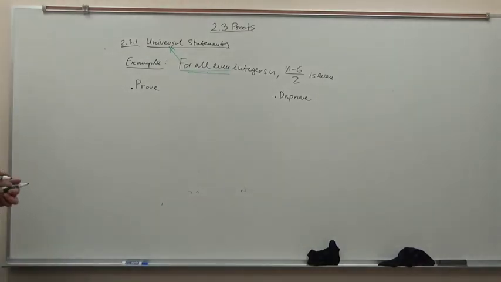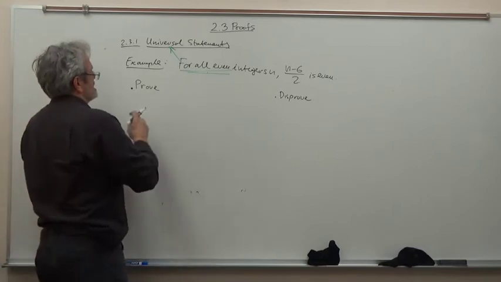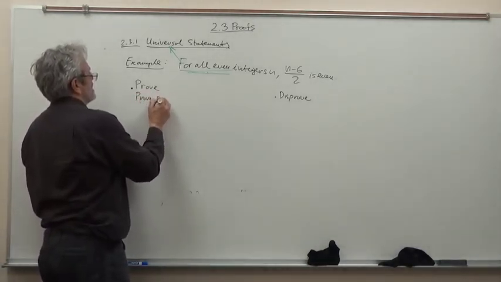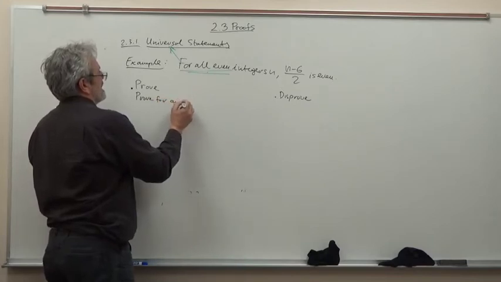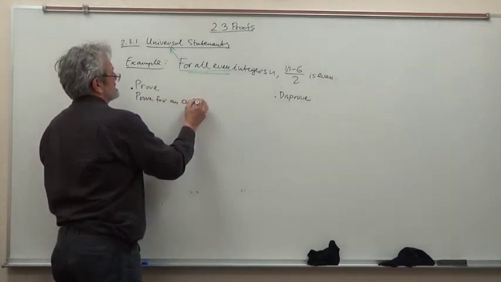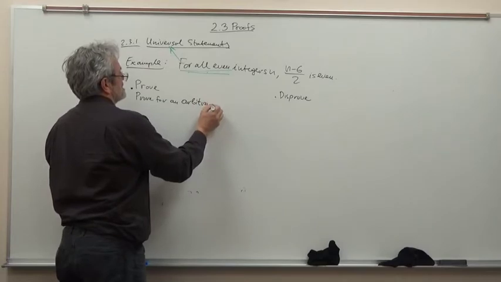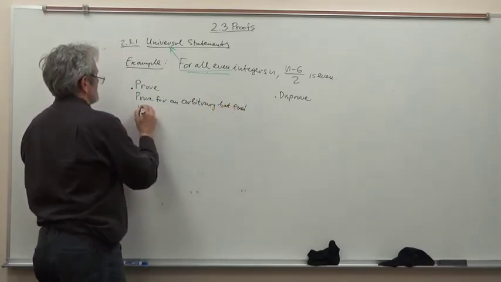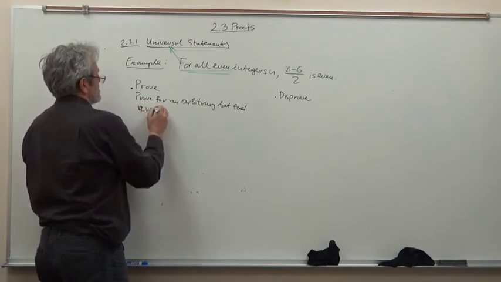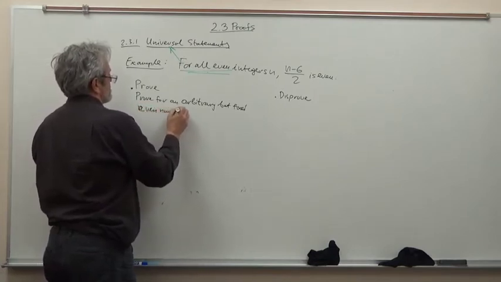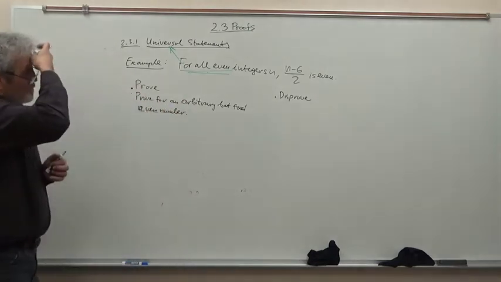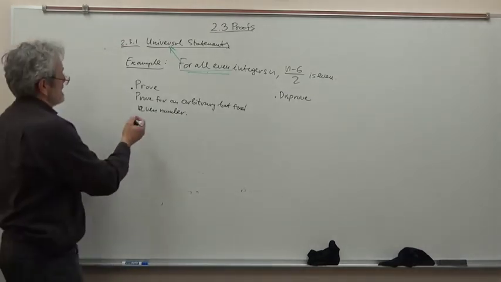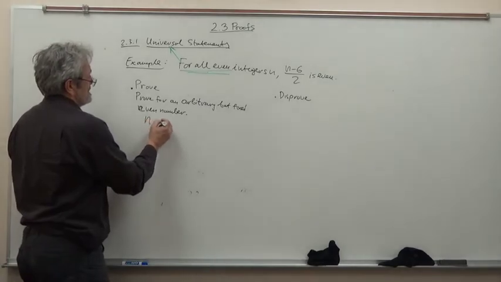If you want to prove it, then we want to prove it for an arbitrary but fixed, even number. So generally, we need to start with the assumption that our number, so let n be even.